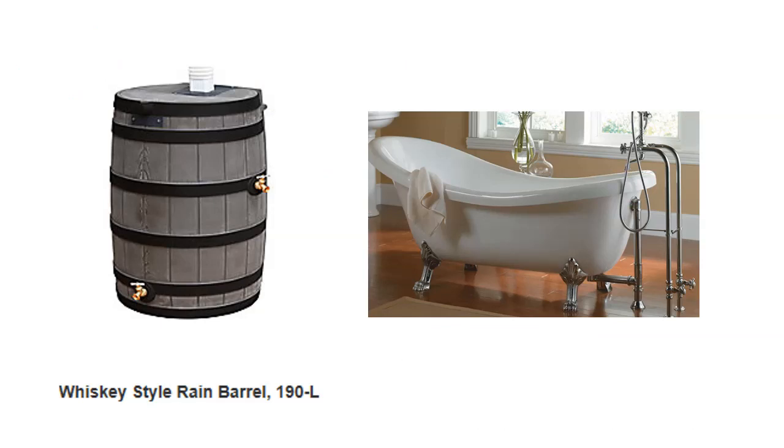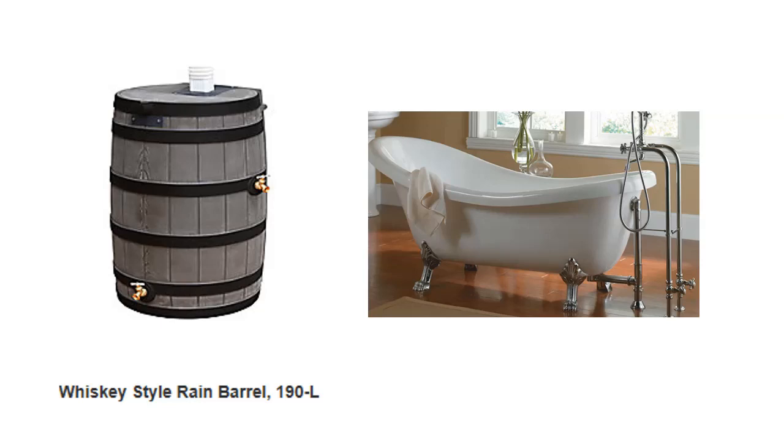There's a question in the SCMAs about a rain barrel, and so I grabbed a picture off the internet, and this particular rain barrel says it holds 190 liters. And I would say this rain barrel is slightly bigger than this tub. I don't think the tub would hold that many liters. And so maybe 150 liters in this big tub. Smaller tubs would maybe only hold about 100 liters.